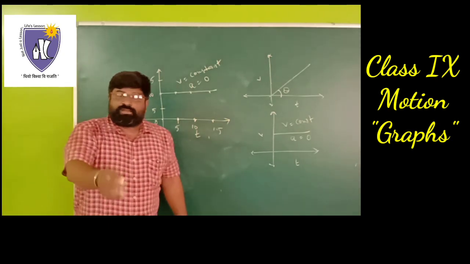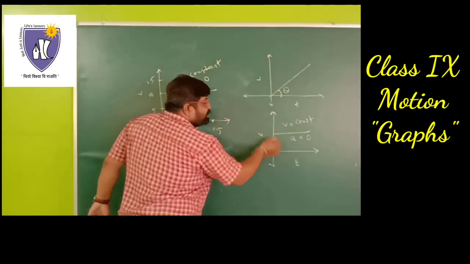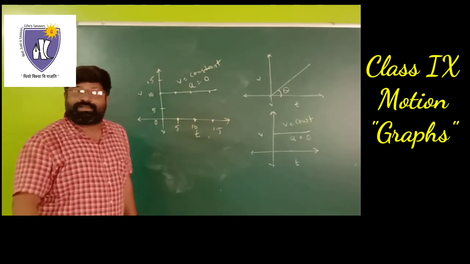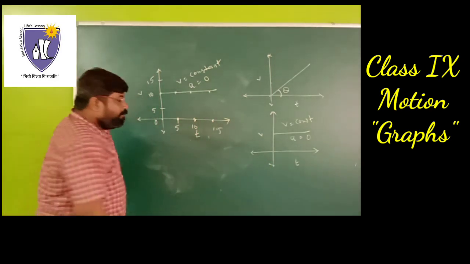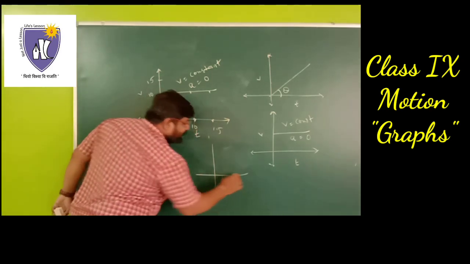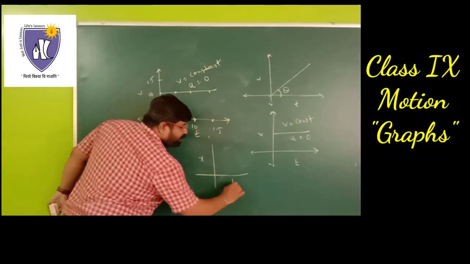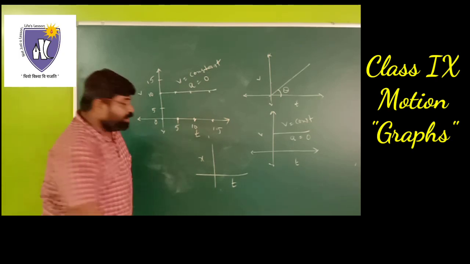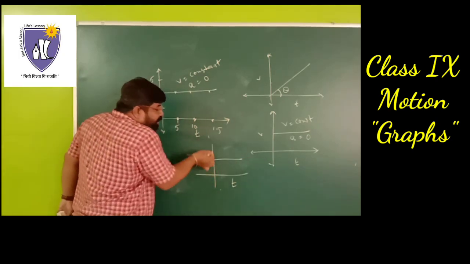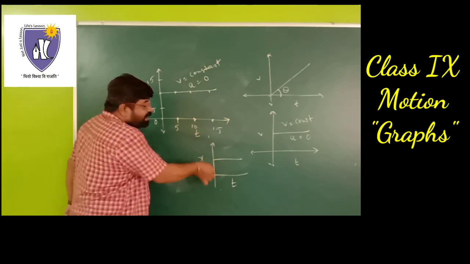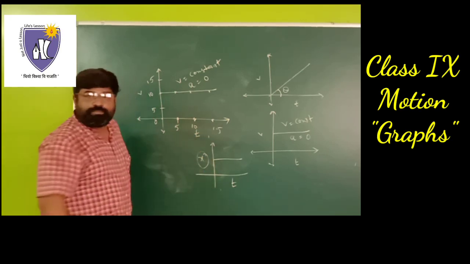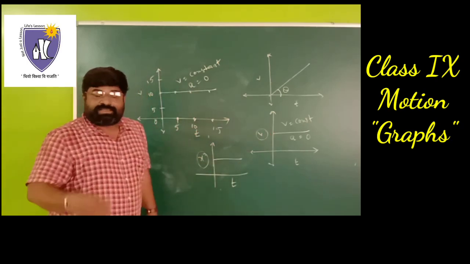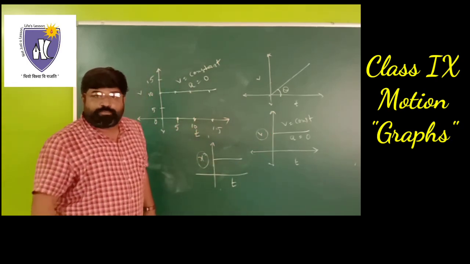Most students get confused, and if it is asked what this VT graph shows, they write object at rest. No. For an object at rest, we studied it should be a distance-time graph or a position-time graph. The object is not changing its position because that axis represents the position of the object. Here this axis represents the velocity or the speed of the object.